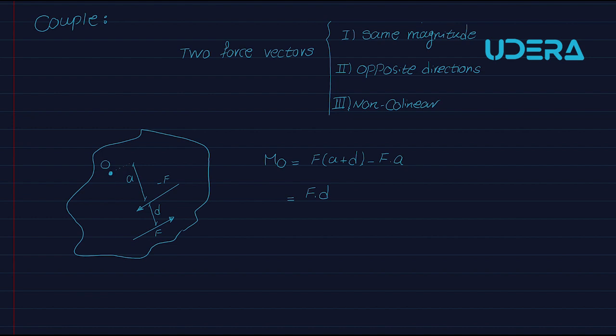Also, besides the algebraic expression mentioned, couple can be expressed using the vector cross product. So let's consider the same pair of vectors F and minus F, but this time instead of the algebraic expression I'm going to use the position vector.